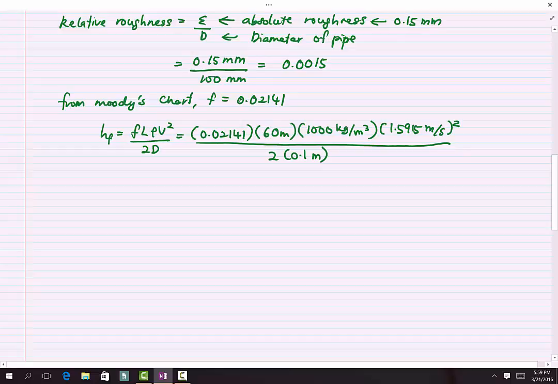So you will get the value for the major losses, HF, which is 16268.6384 meter.